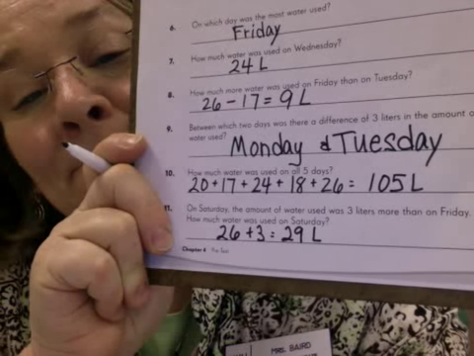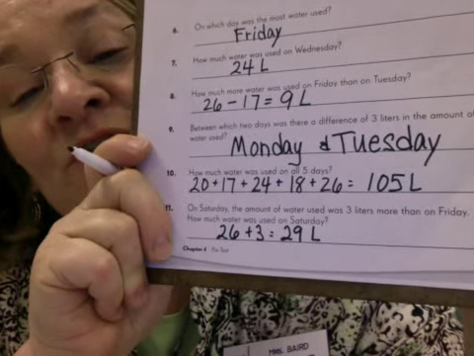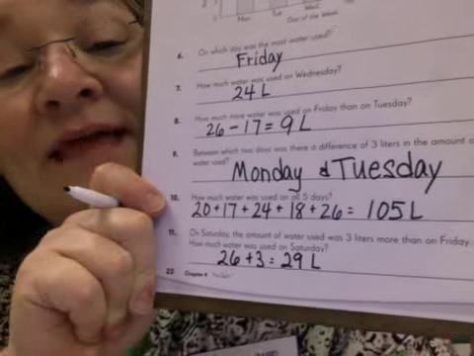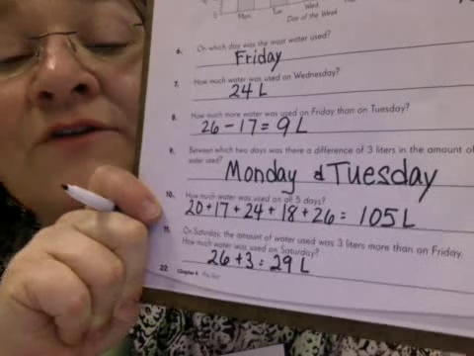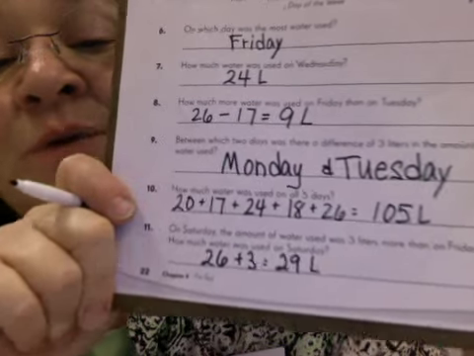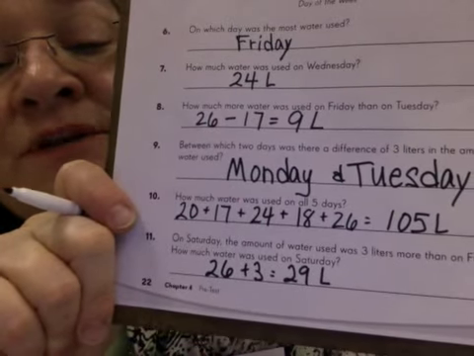And we add 3 liters to that, and we get 29 liters. 29 liters were used on Saturday. We were able to get that information even though that particular data was not even on the graph. But from the other information that we were given, we were able to figure that out.